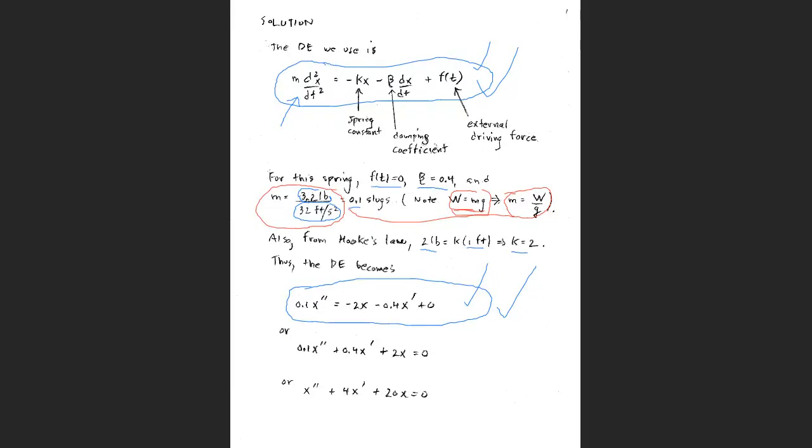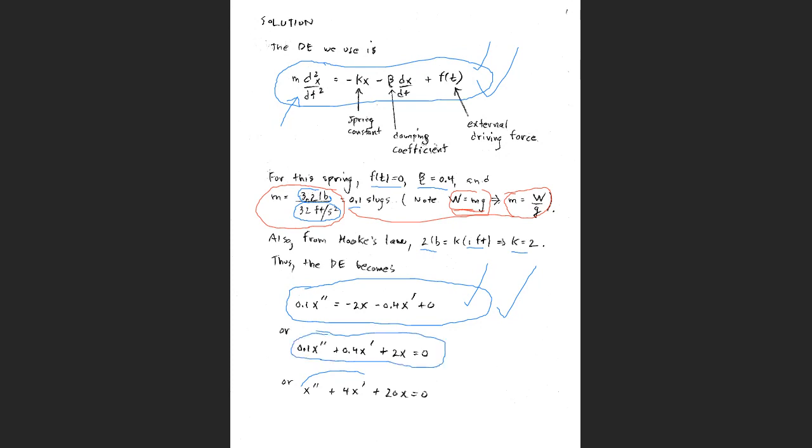Of course, we want to solve this second order differential equation using techniques we learned in sections 4.3 and 4.4. And so I have to write the linear differential equation in the standard form. Of course, I get a 0 on the right-hand side.